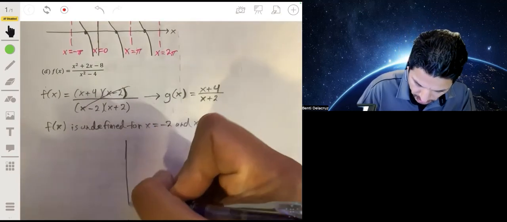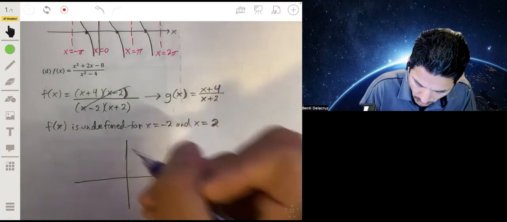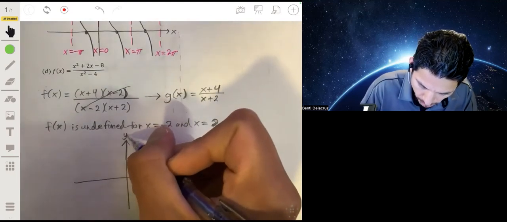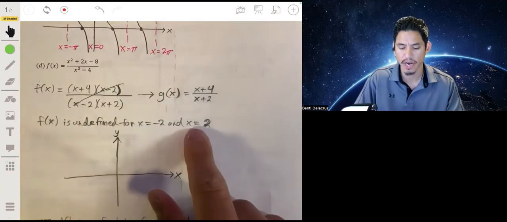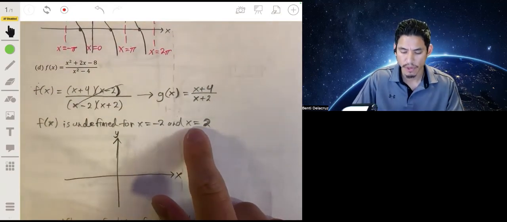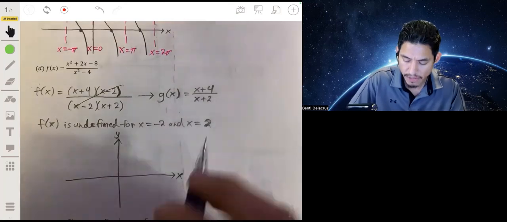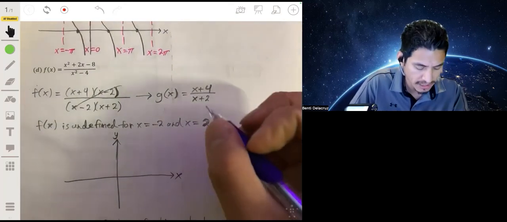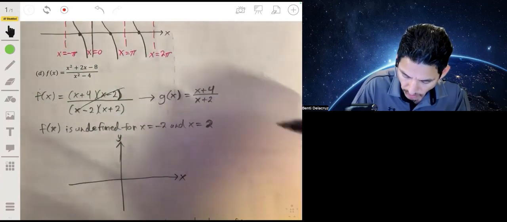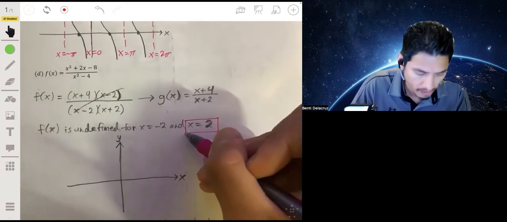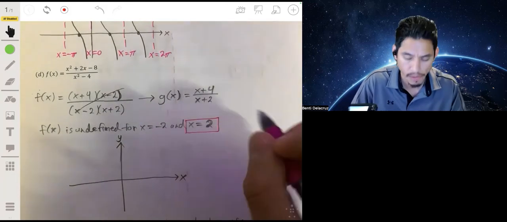So let me show you what's going on. You would have an asymptote at the x value that you could not remove. We were able to remove the x minus 2 at x equals 2. So at x equals 2, we actually are going to have a hole.